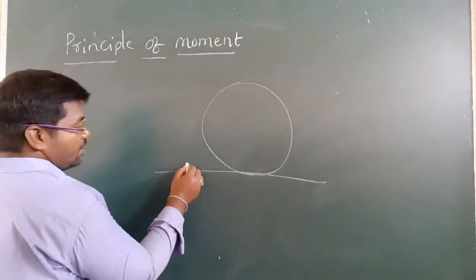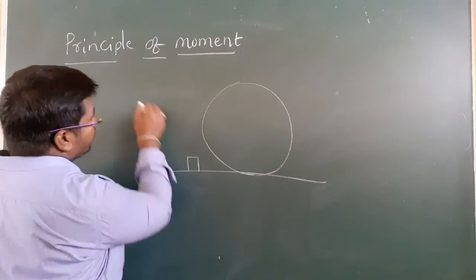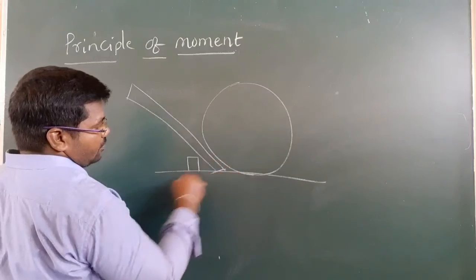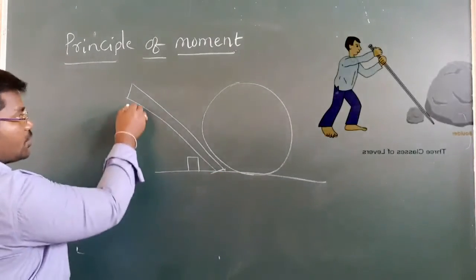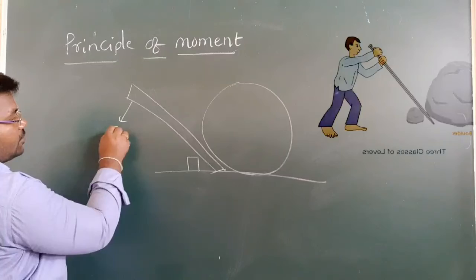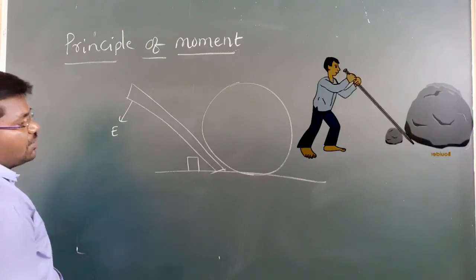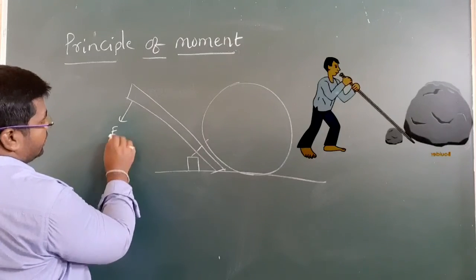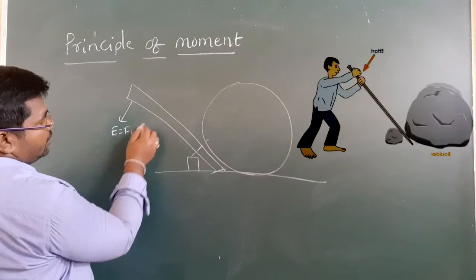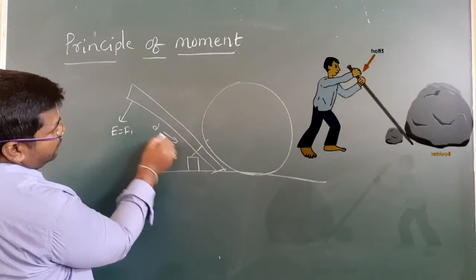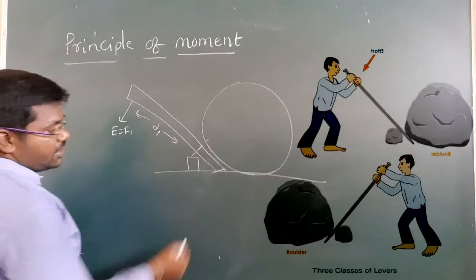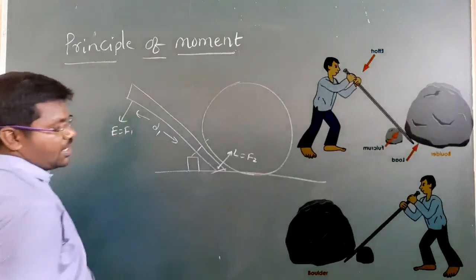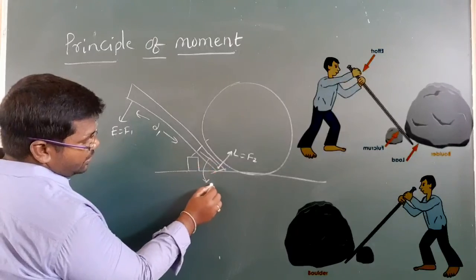So with the help of a small stone, we can keep one big lever. Here we apply effort, means we apply force, that is F1. Here the distance D1 is the effort arm. Here load is applied, load means F2, and in this case this is D2.